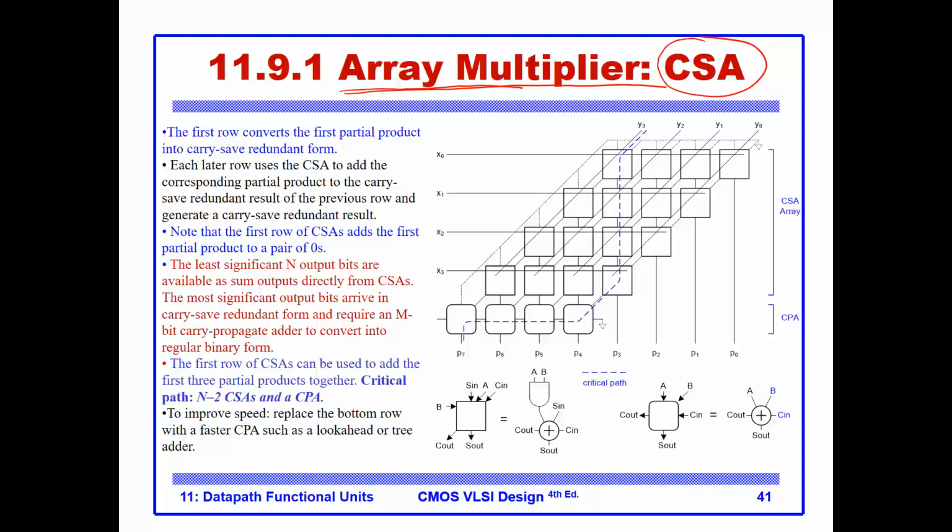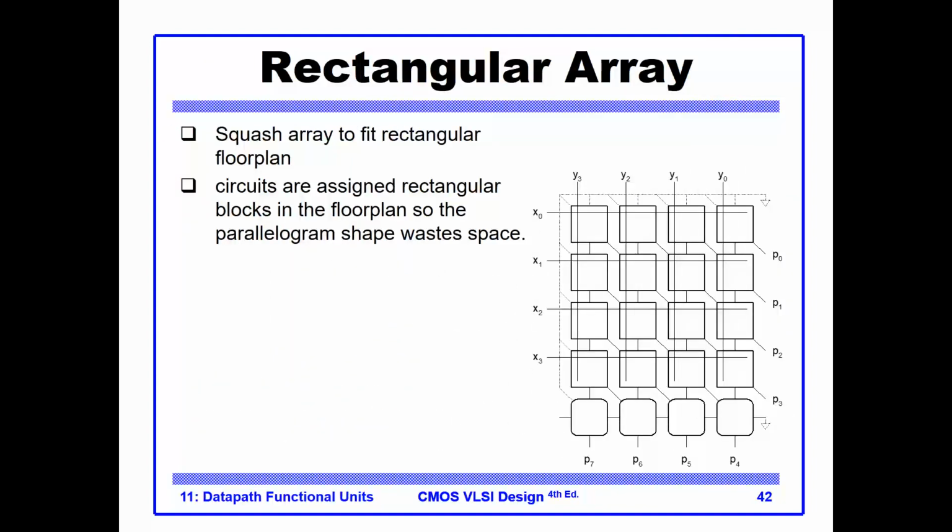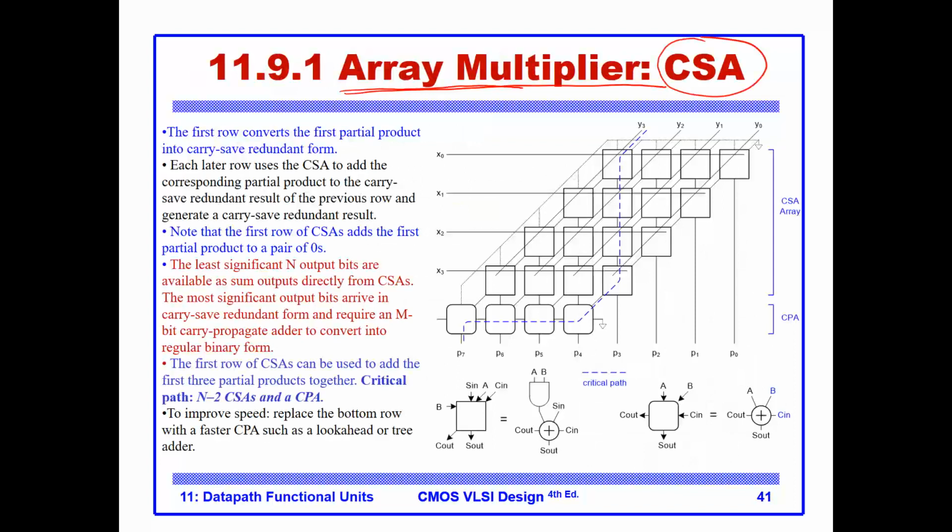So basically here, sorry, let's go back. Here in the array multiplier, you can see the following organization, where I will send x0 to the first array of these blocks.